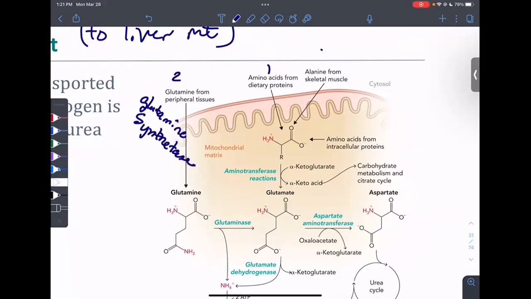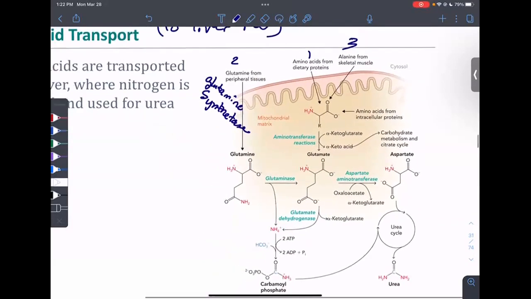synthetase enzyme, right? Okay. Then the third way that you can get it is from alanine. So from your skeletal muscle, when your skeletal muscle starts to break down, you're going to produce alanine there. And so these three different ways that we're going to make urea, what we actually need to look at is what are we actually producing?